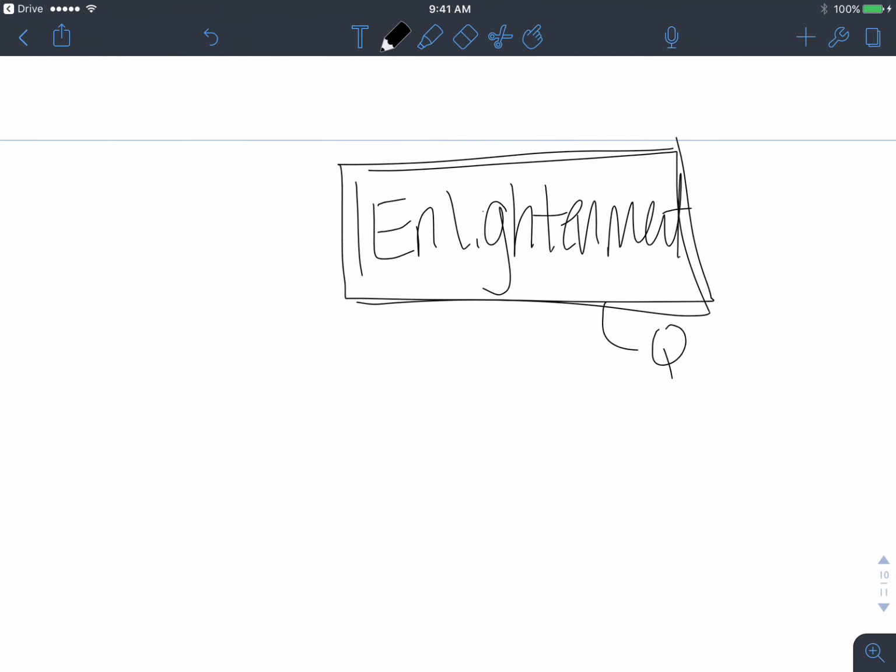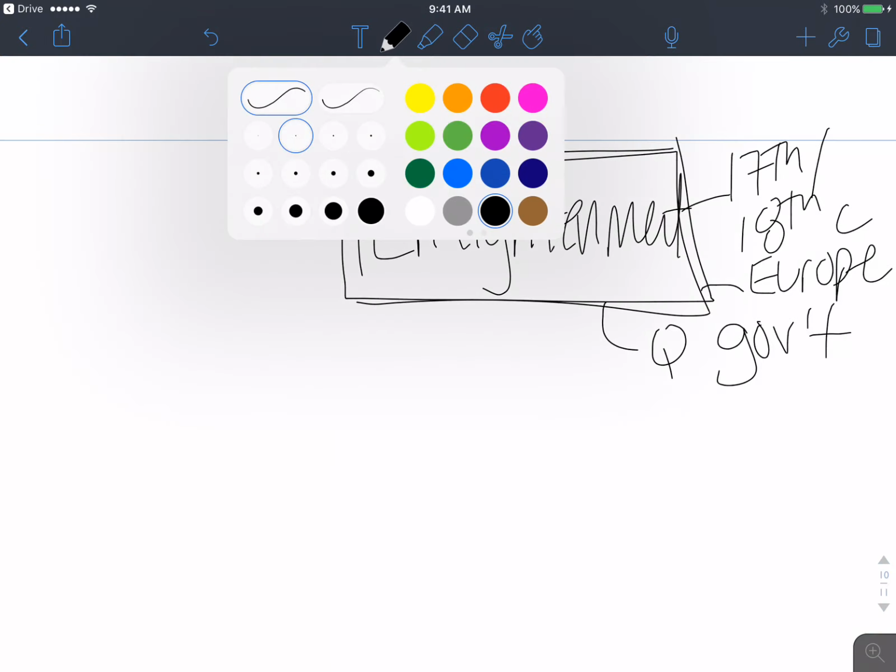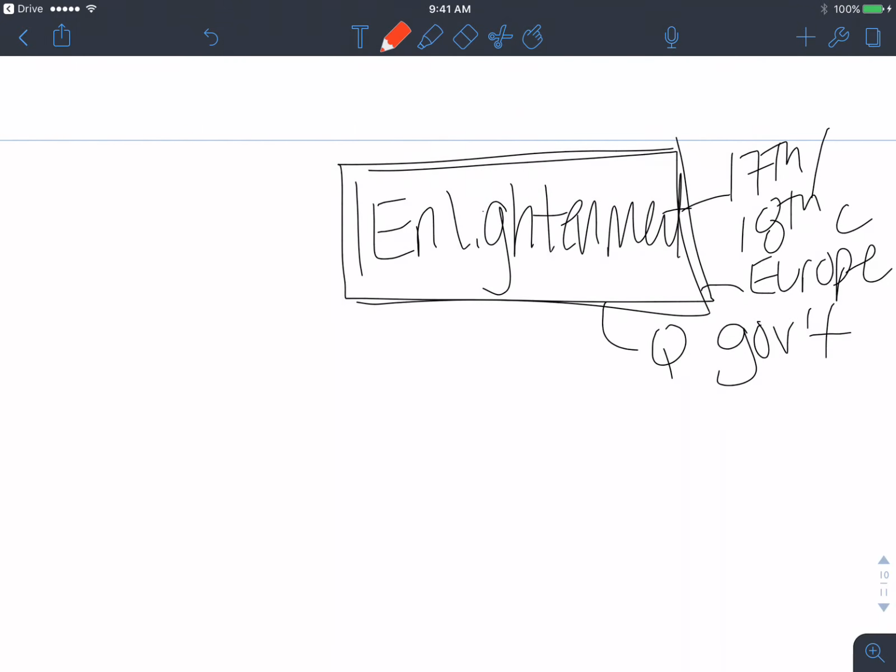When was this? This was primarily during the 17th and the 18th centuries. And it occurred in Europe. So here's some basics there. What caused it? Why was there a need on the part of these philosophers to question their government? Well, we had absolutism throughout Europe.